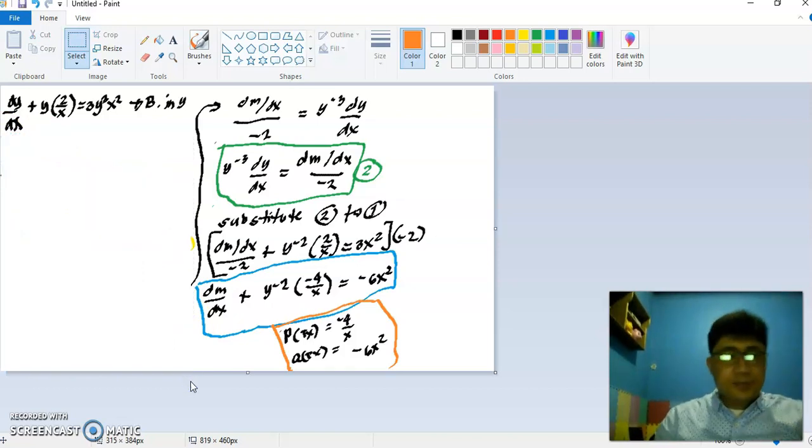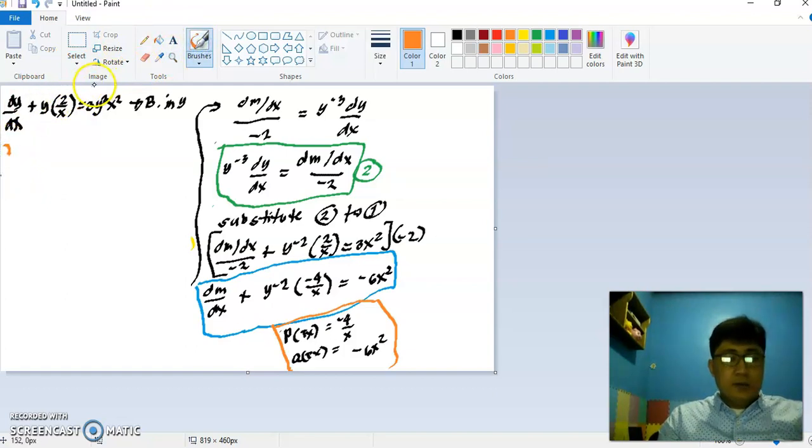After that, we now can continue. Because we already have our P(x) and Q(x), what we need to solve in order to substitute in the general solution is just our integrating factor.